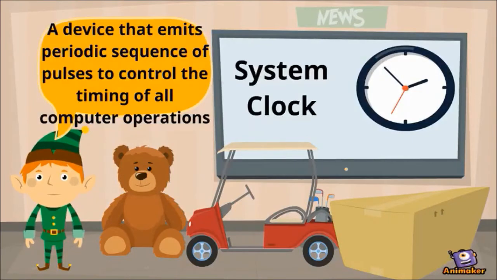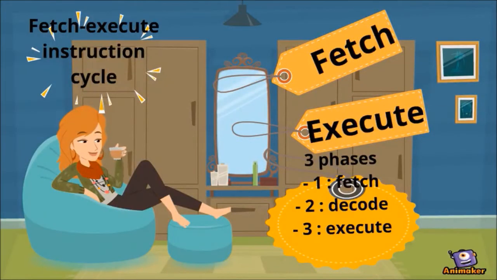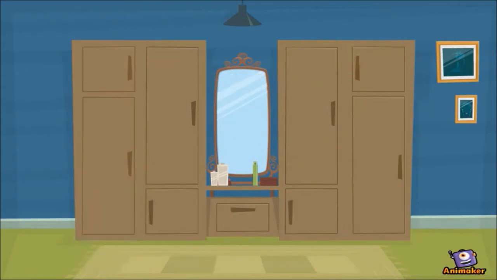System clock is a device that emits a periodic sequence of pulses to control the timing of all computer operations. The fetch-execute instruction cycle. Fetch means to find and decode the instruction, load it from memory into a register, and signal the ALU.